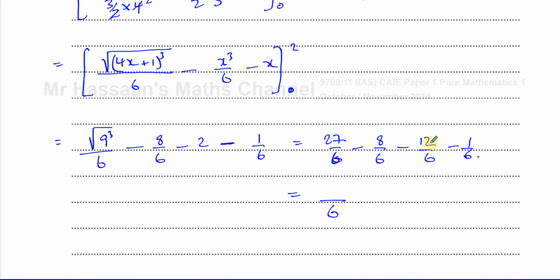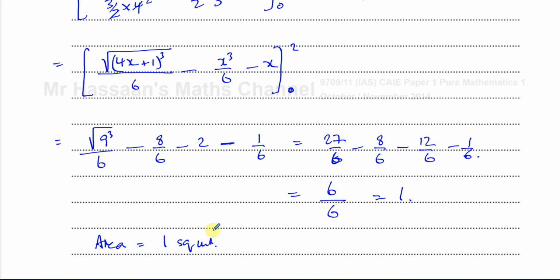And 14 minus 12. 27 minus 8, that's 19, sorry. 19 minus 12 is 7. 7 minus 1 is 6. So it's 6 over 6, which gives us 1. Okay, so there we have the answer. So the area in that shaded region is 1 square unit.